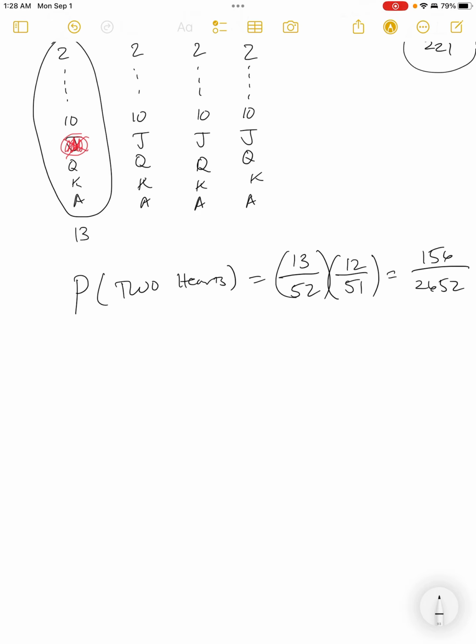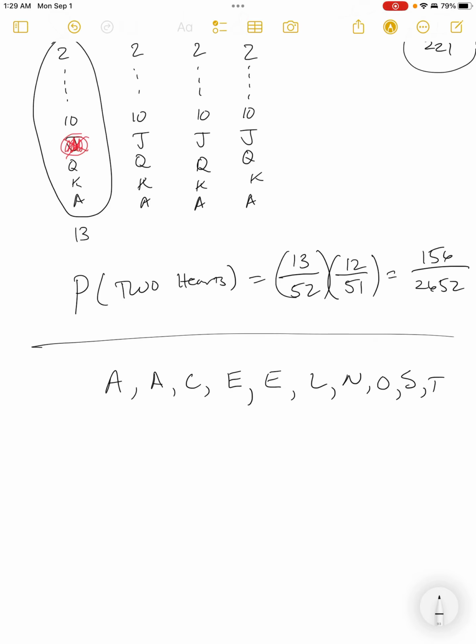Okay. Taking a look at the other problems that are here, they're very, very similar to what we've been doing. There is a problem where they have something like this, A, X. So they have these Scrabble tiles.